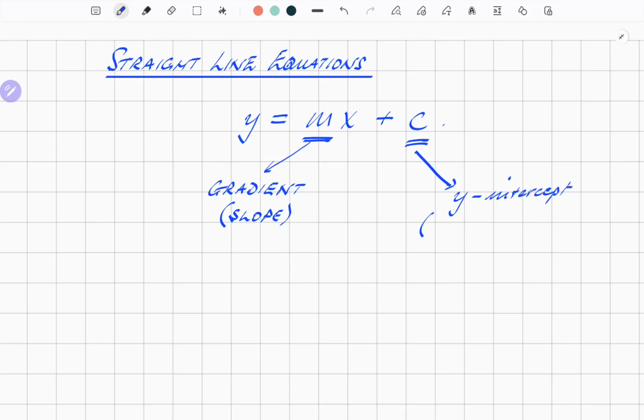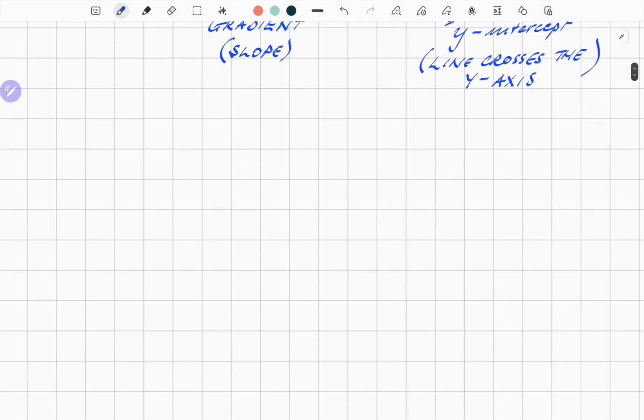So that is where the line crosses the y-axis. I'll give you an example of that now.